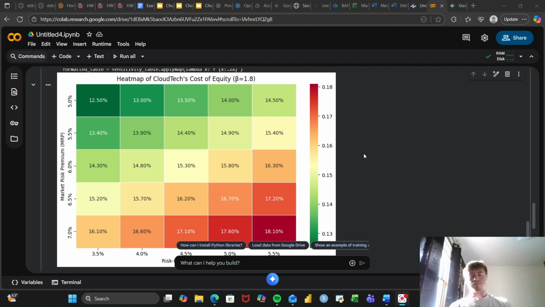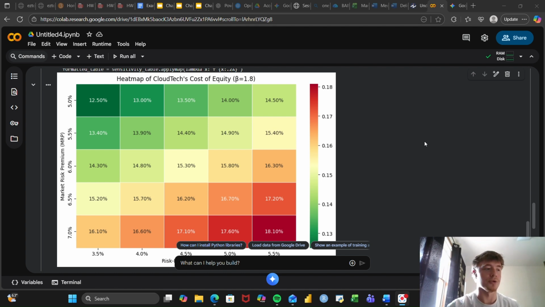So we can see that the required rate of return can go all the way to 18% and as good as 12% based on these changes in the market. Now this map is important because it shows how the required rate of return could swing to 18%, which would be losing us more money. But it can also go to 12%.